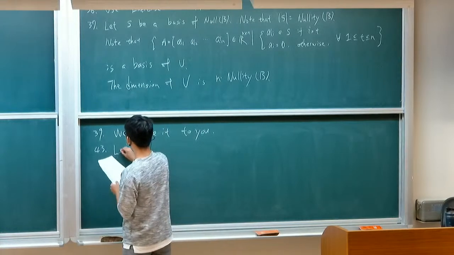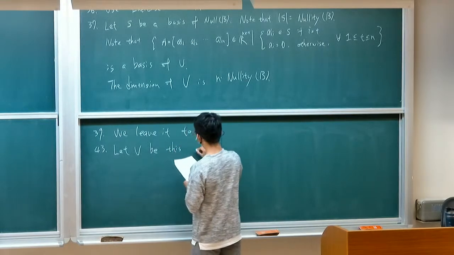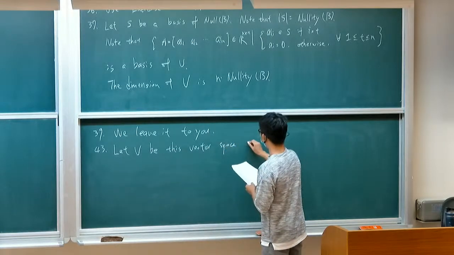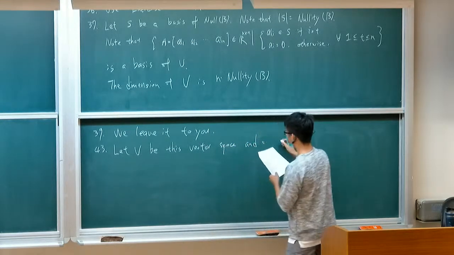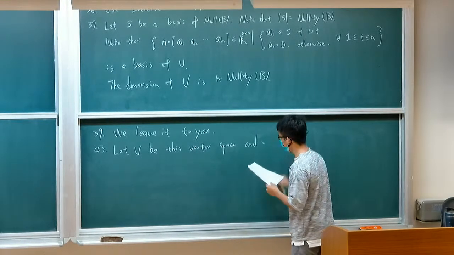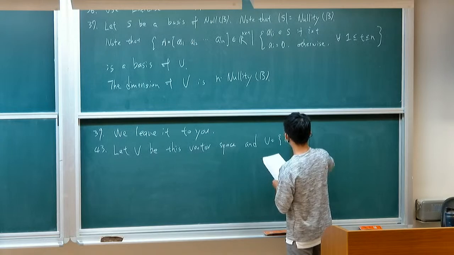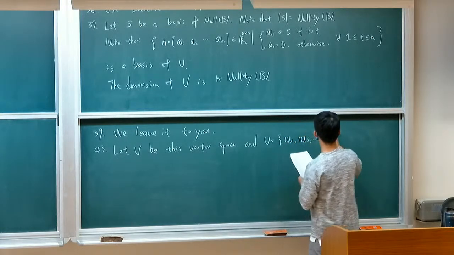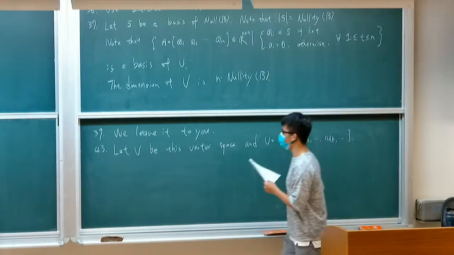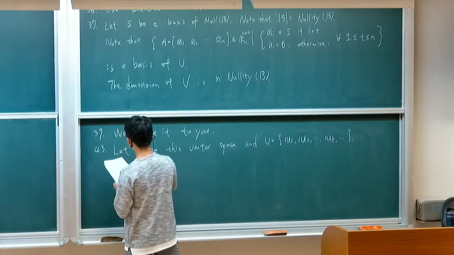Okay, first we let V be this vector space, and we collect U1, U2 to UK, and so on to infinity as capital U. Here, you have two things you need to show.